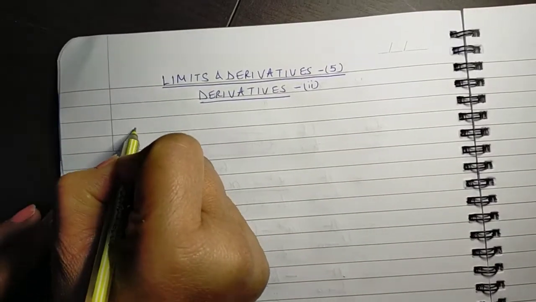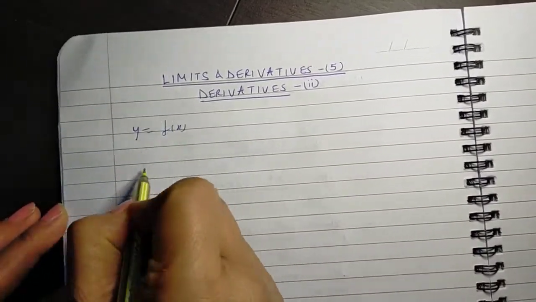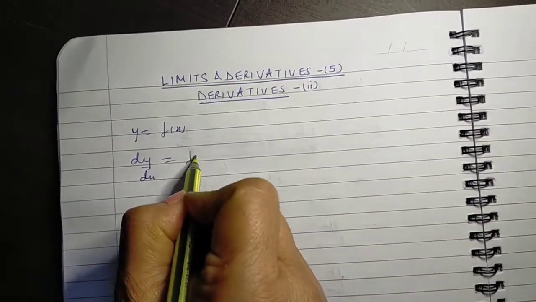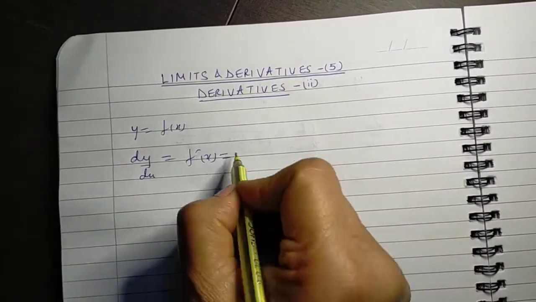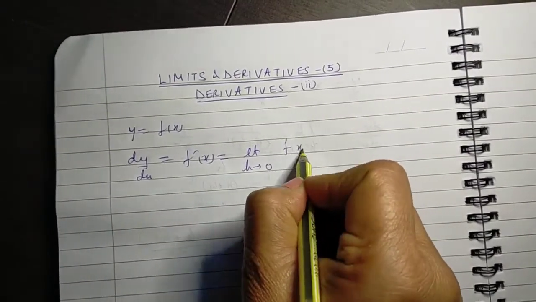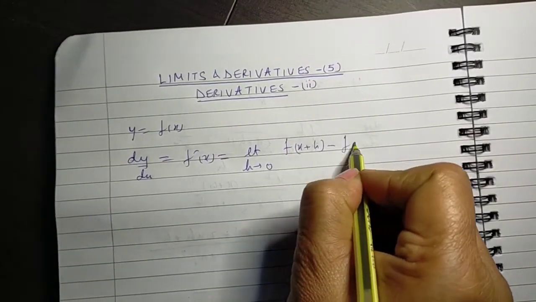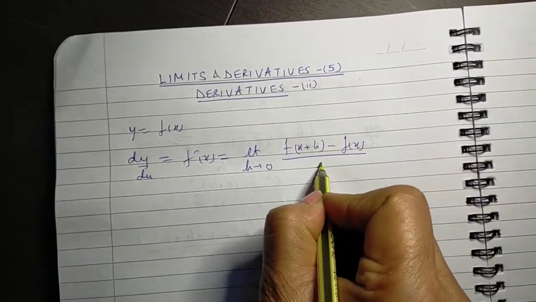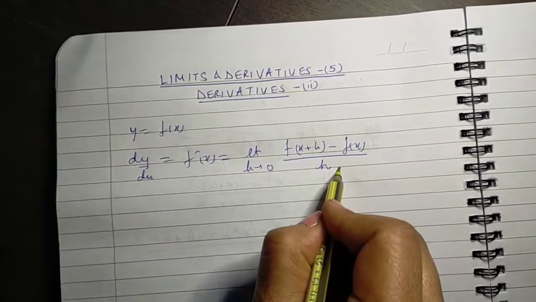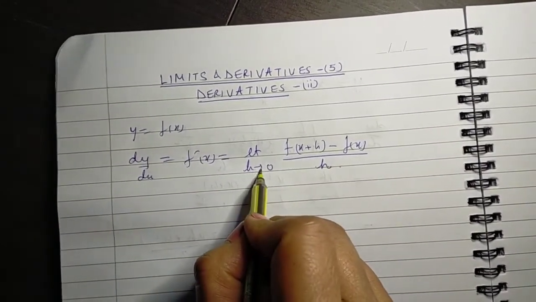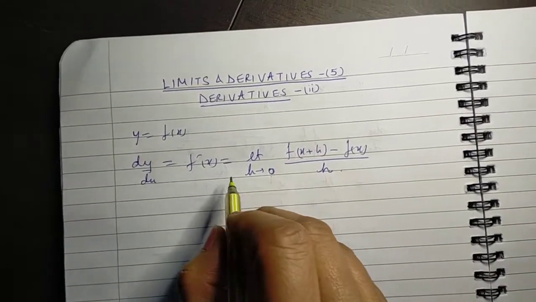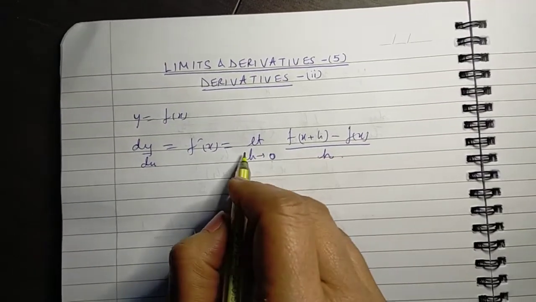That is, if y equals f(x), then dy/dx is also written as f'(x), and it is the change in the value of y with respect to the change in the value of x, which is x plus h minus x, in the limiting case as h tends to 0. This we had done in our previous video.